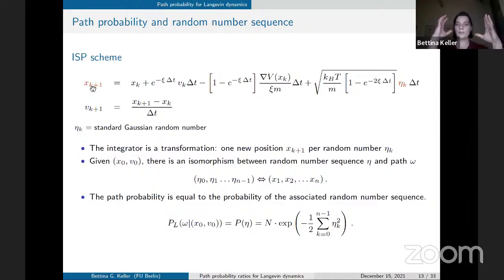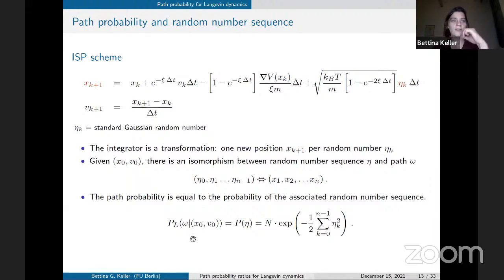So you can think of an MD integrator, and that is true for all Langevin integrators, well, for all stochastic integrators, you can think of them as a transformation from random numbers to positions, and vice versa, because you can also invert this transformation. So there's a direct mapping between random numbers and positions.